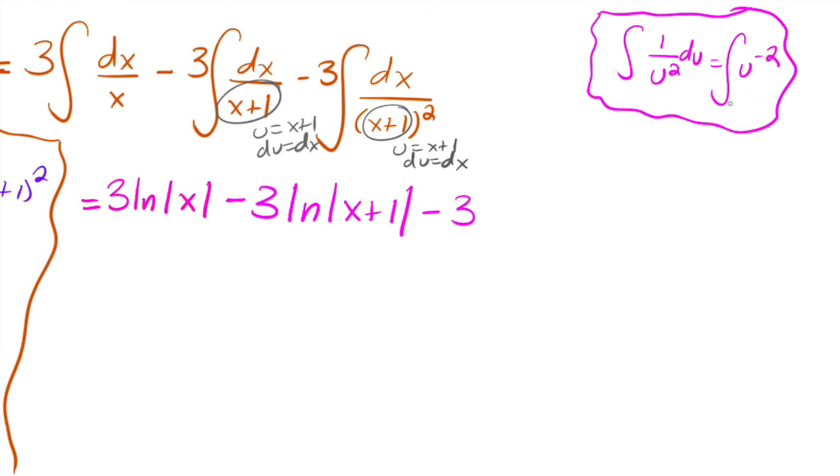So this is going to be u to the negative 1 over negative 1. That means that this is going to turn into a plus because of this negative. And then you're going to have plus 3 over x plus 1, just to the 1 power. And then plus c. So that's it.